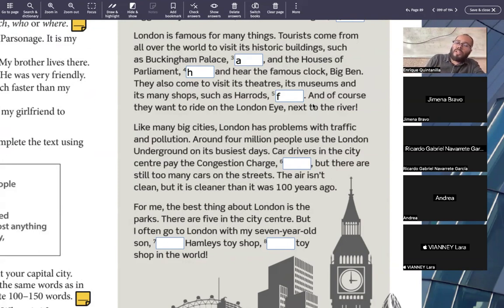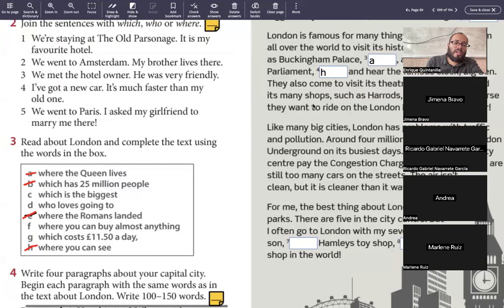Okay, we continue. Number 6, car drivers in the city center pay the congestion charge. It's something related to traffic. Letter G. Do you agree with Marlene?